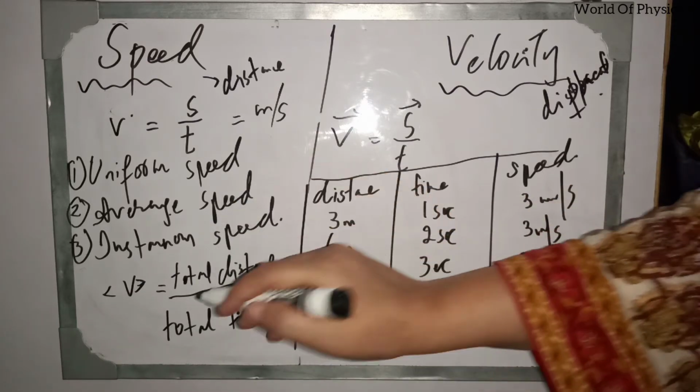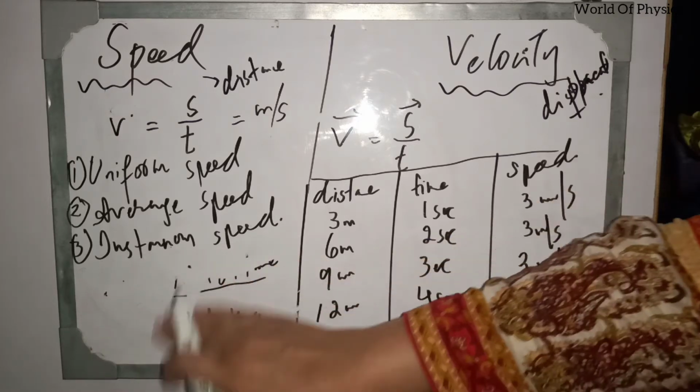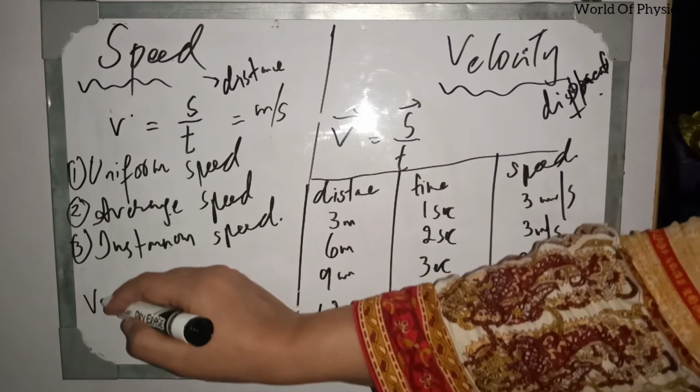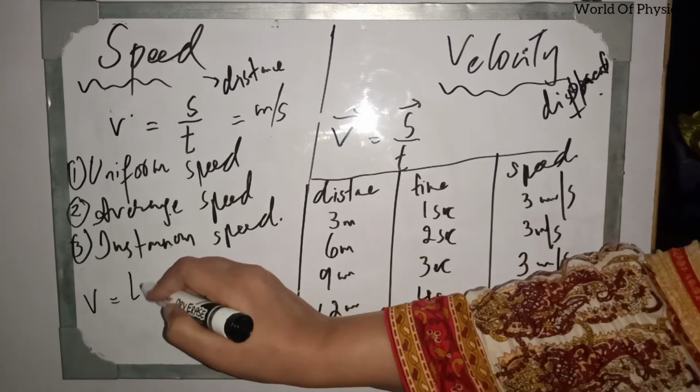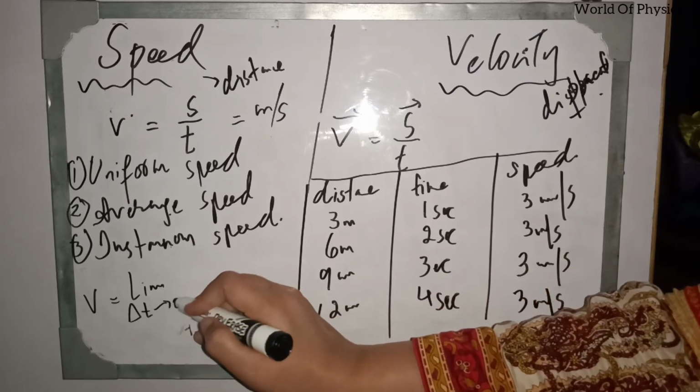Next comes instantaneous speed. Instantaneous speed is the speed of an object at a particular instant of time. So for the speed of an object at a particular instant of time, we can take speed with some limit. So the limit is taken that delta t approaches 0.